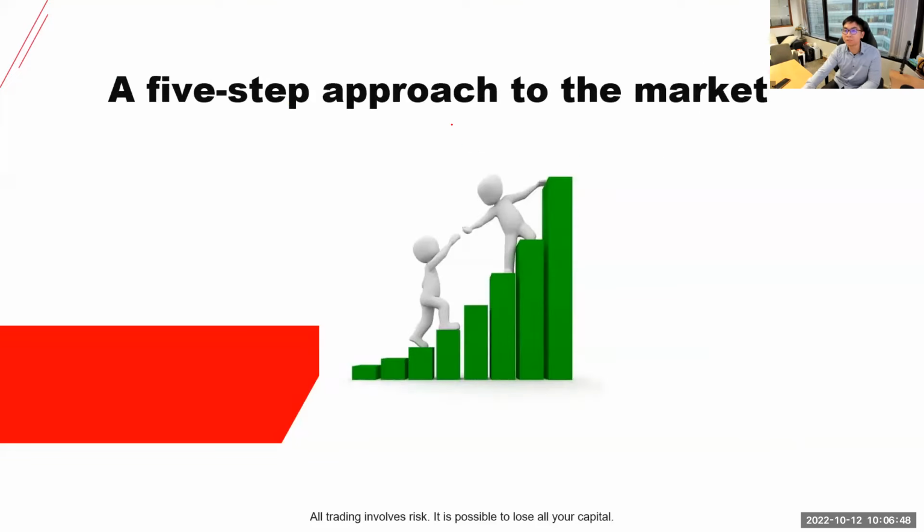The 5-step approach to the market using Wyckoff. First, he wants to determine the present position and possible future trend of the market. What do you mean by determining the present position? The market always moves up, then suddenly it comes down.